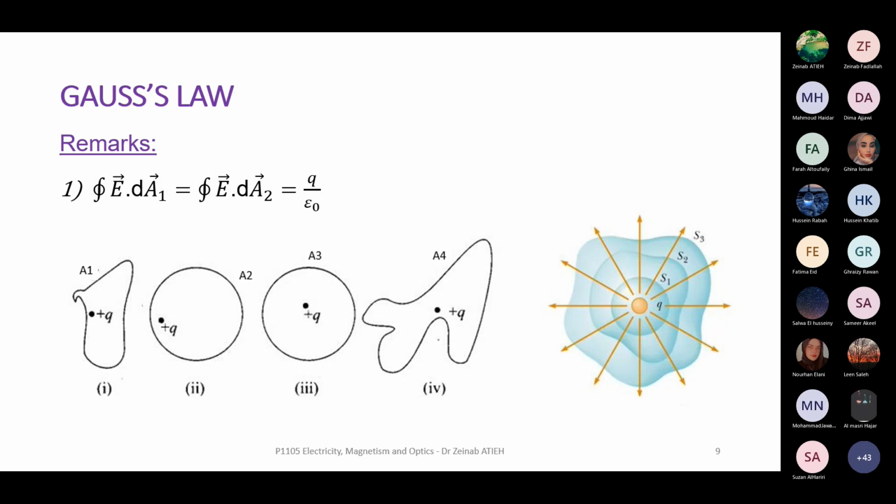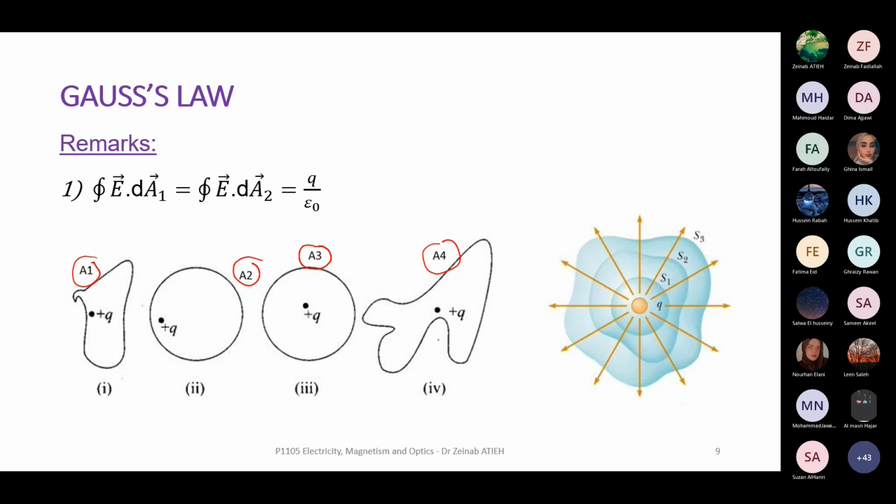I can choose any surface I like because it just applies to a closed surface. So according to Gauss law, the electric flux crossing area A1, the flux crossing A2, the flux crossing A3 and the flux crossing A4 must be all equal, despite that they have different shapes. Why? Because whatever the shape of the surface, in the end the answer will equal Q over epsilon 0. Q is the charge inside. Wherever its position is, the position doesn't matter to me; it comes out as Q over epsilon 0 by itself. There is no dependence on the position of Q, nor on how big the surface is, nor anything.